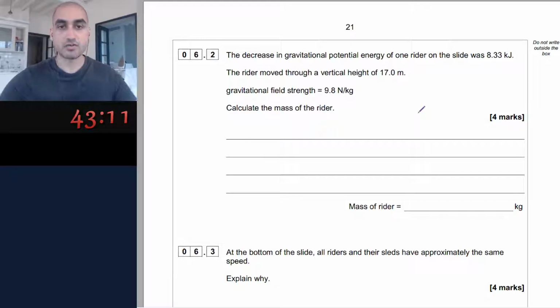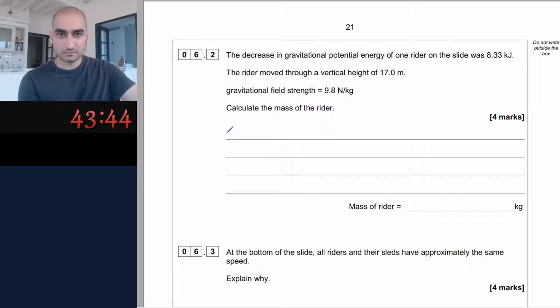Okay. The decrease in gravitational potential energy of one rider on the slide was 8.33 kilojoules. The rider moved through a vertical height of 17 meters. Field strength in newtons, calculating the mass of the rider. So we need to work out the force. Let's have a look at our formula booklet.